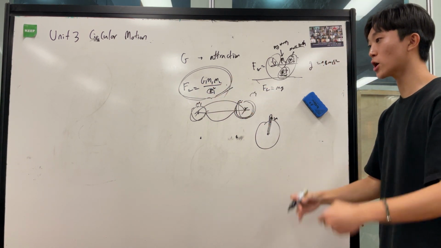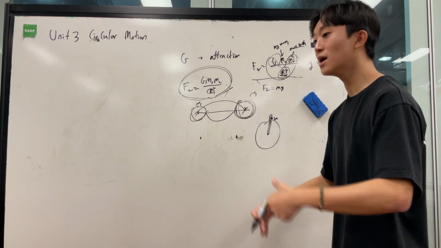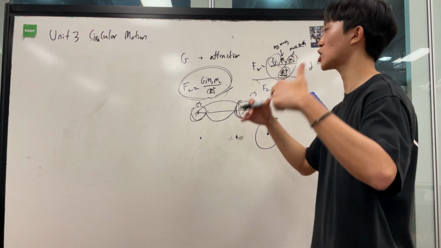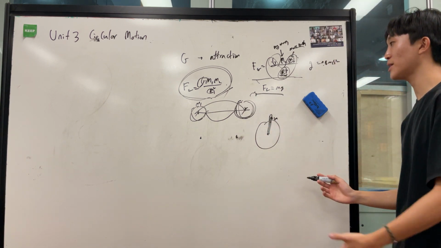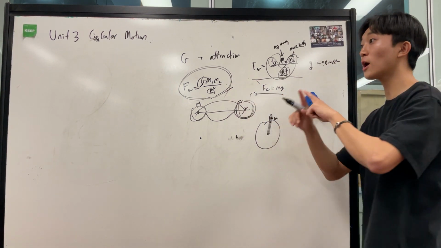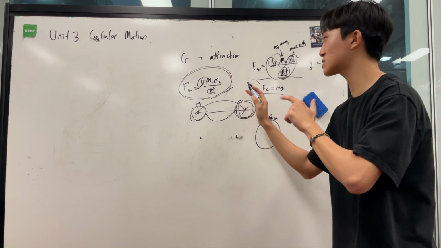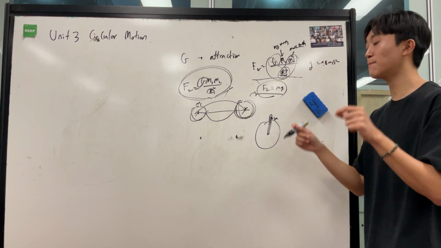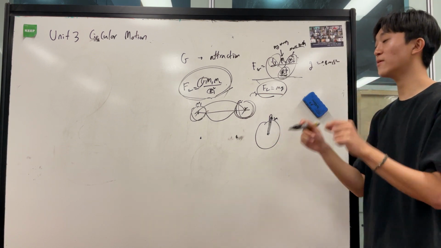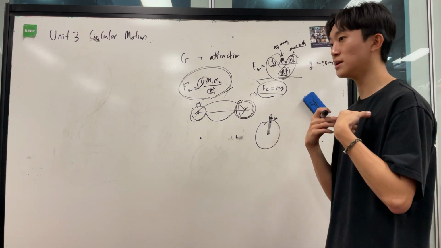The radius of the Earth is always the same. The mass of the Earth is always the same. And G is literally a constant. That's why you can use this formula, and that's why these two formulas are not different. They're literally the same thing, except this one is simpler and more specific, and can be used specifically for the gravitational force between me and the Earth.